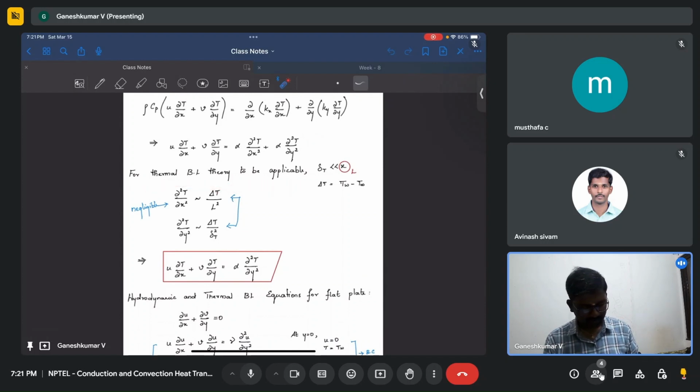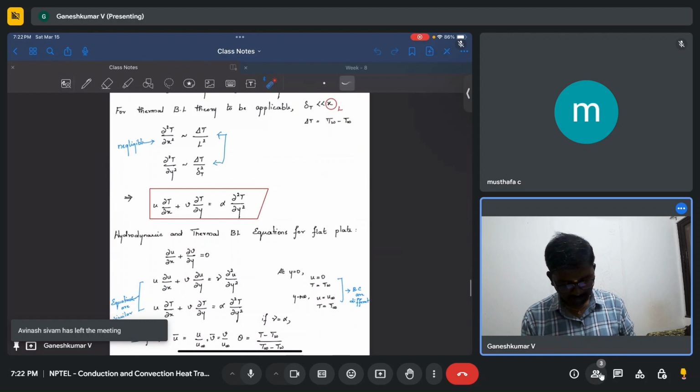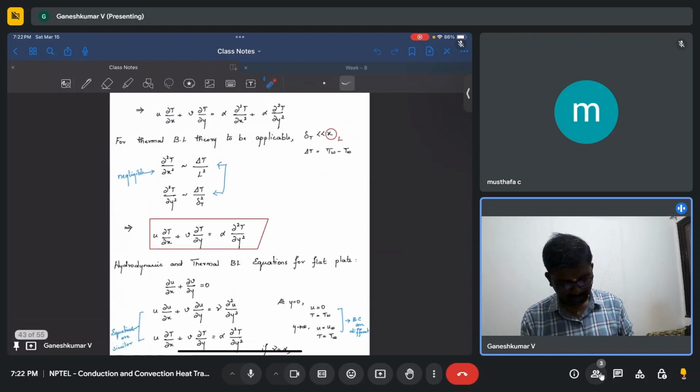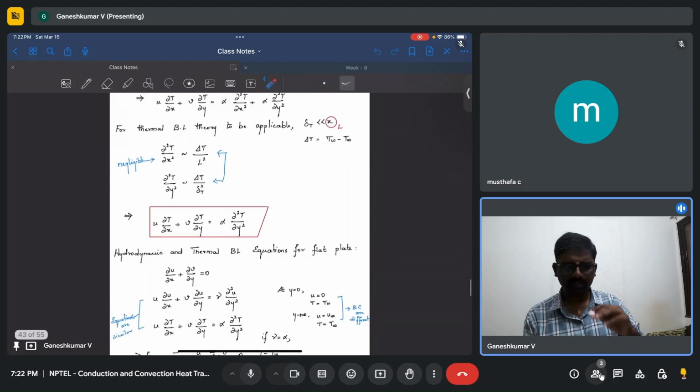To be applicable, we need to have, if you remember the boundary layer theory, delta, the thermal or hydrodynamic boundary layer thickness, is very much smaller than the length scale along the x direction, right? Similarly, we are going to do the same approximation, that the thermal boundary layer is very much smaller than the length scale. When you do this, you compare the scales, same thing that you have gone through for the boundary layer.